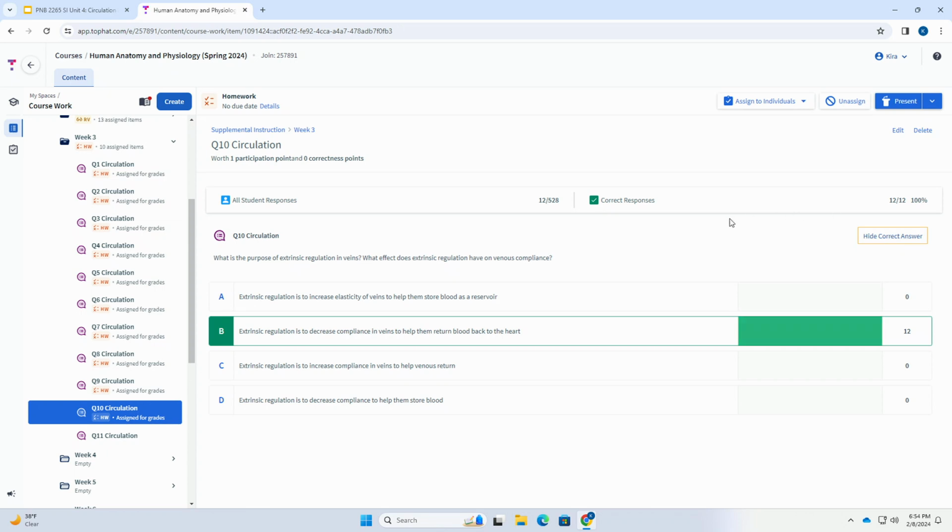Perfect. So we want to decrease compliance, or decrease stretchiness, to help push blood back up to the heart.